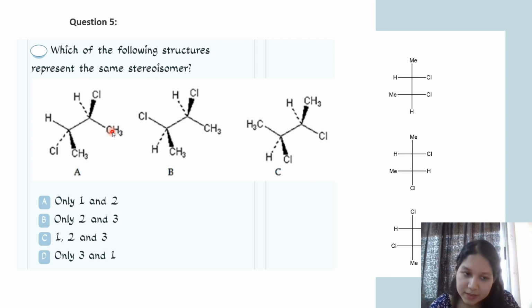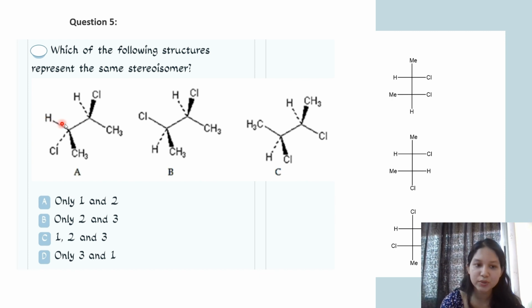So we will just simply rotate this center by an angle of 180 degree so that this methyl will come to the same direction as this hydrogen, because we need those two substituents which are present on the plane of paper in the same direction.